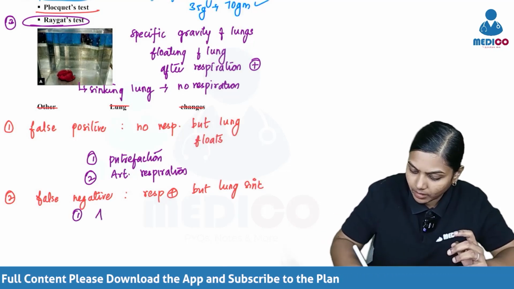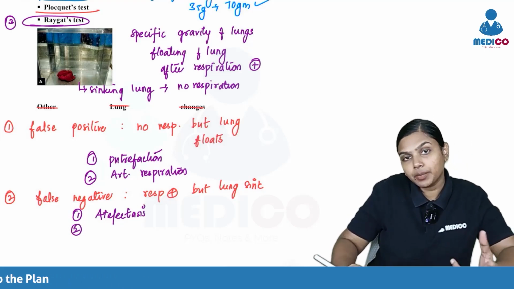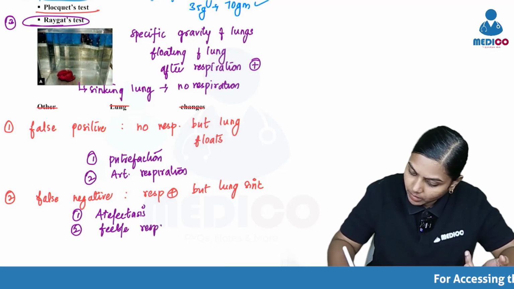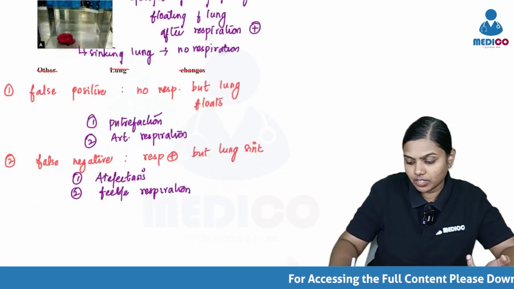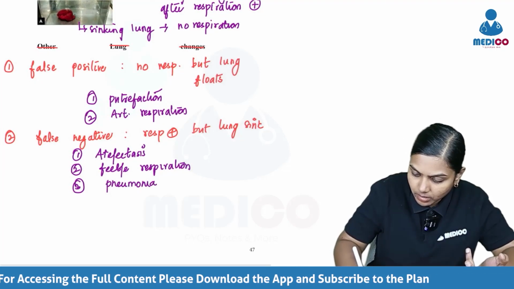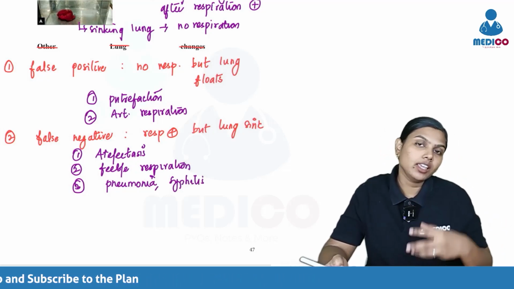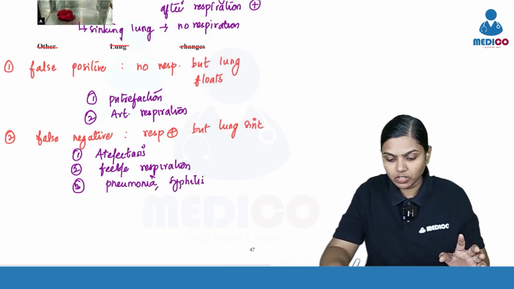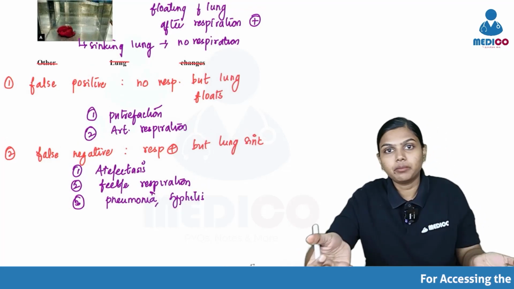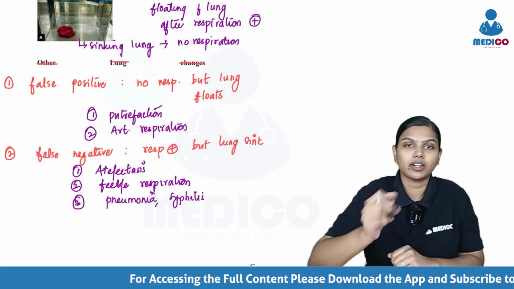This will happen in atelectasis, or the respiration was very, very feeble, or under certain infections like pneumonia or syphilis. Under these conditions, the lung will sink even if the respiration had taken place. So, not just based upon the Raygaard's test, can we simply say the baby was liveborn or stillborn. We have to consider all other factors also.